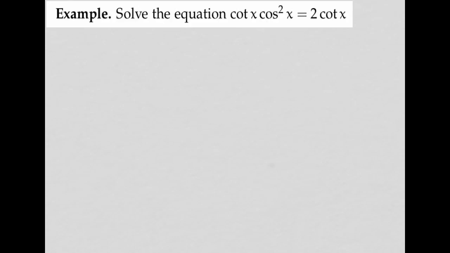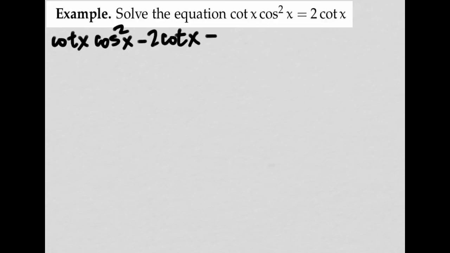Next example, let's solve the equation cotan x times cosine squared x equals 2 cotangent x. We start by moving 2 cotan x to the left-hand side to get cotan x cosine squared x minus 2 cotan x equals 0.